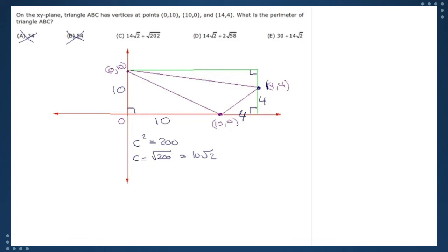So if we do the Pythagorean theorem again, we get c squared equals 32, because 4 squared plus 4 squared is 16 plus 16, which is 32. Square root everything, and we end up with c being 4 root 2. So if we add these together, part of our perimeter is already 14 root 2. Well, actually we can't eliminate anything, unfortunately.